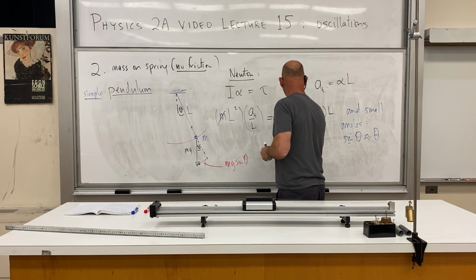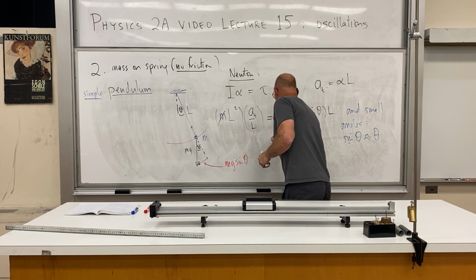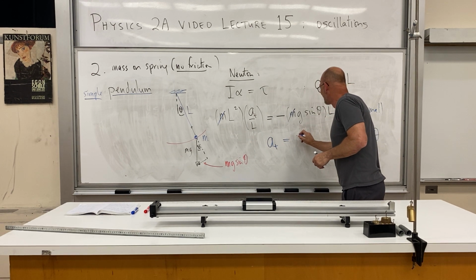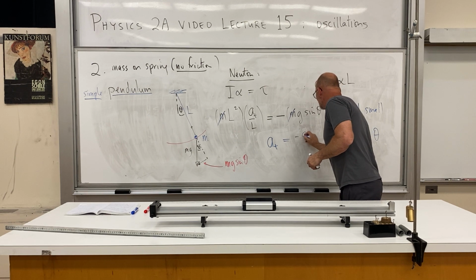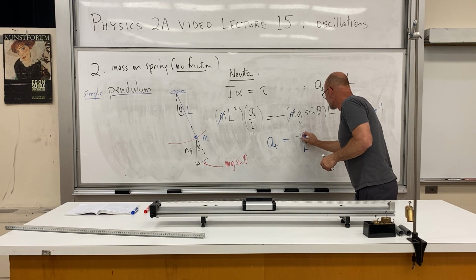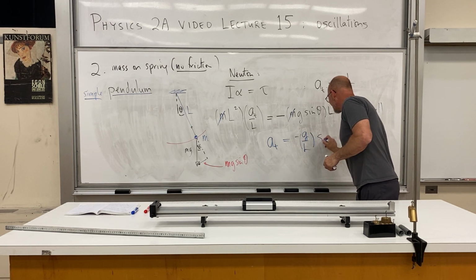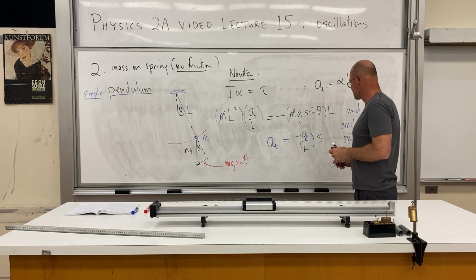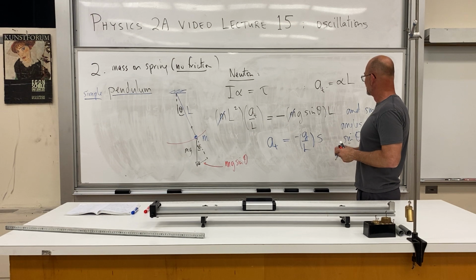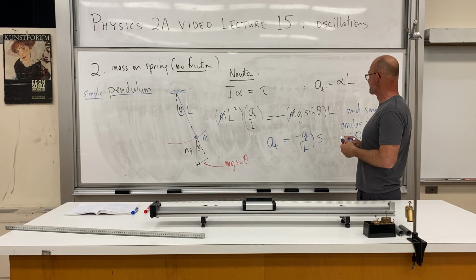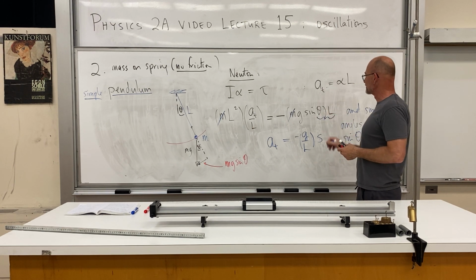The m's cancel. A tangential is equal to minus g over L times S. Okay, so theta L is equal to S. That's right there.